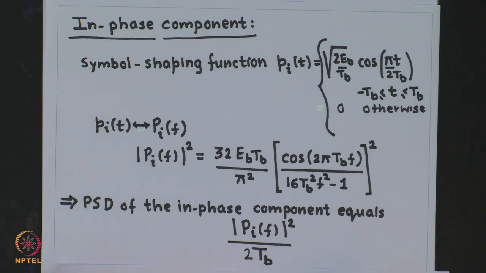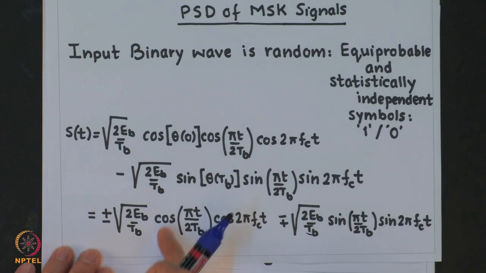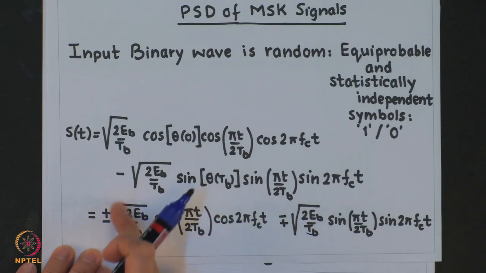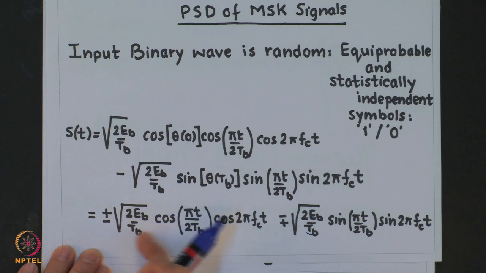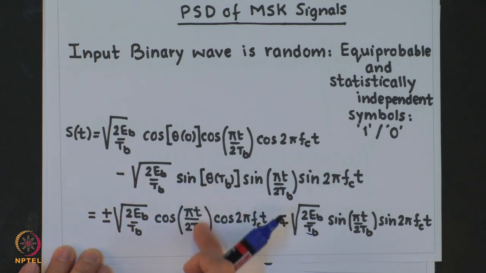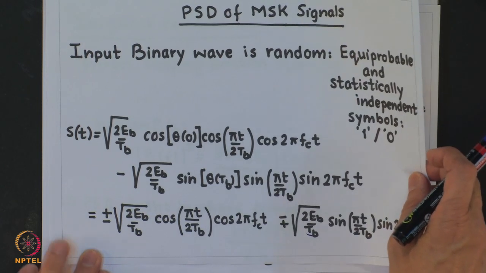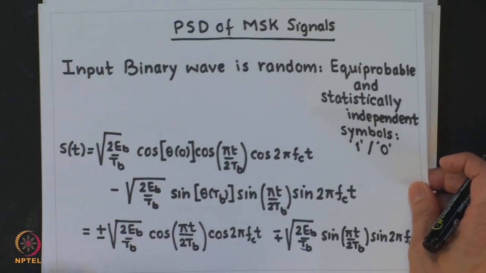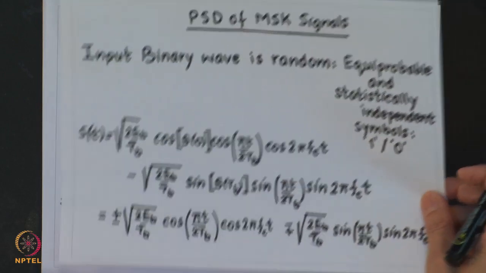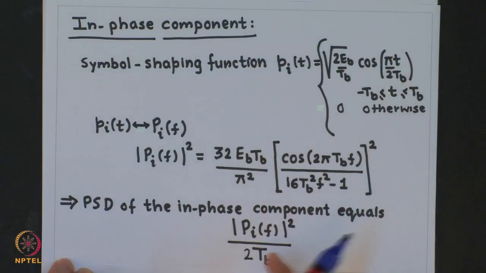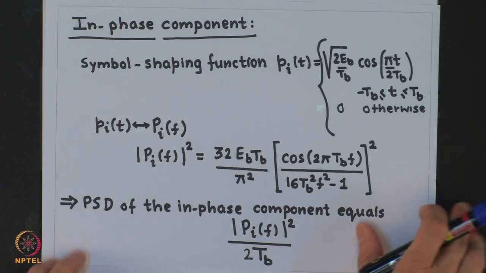Remember, these are nothing but polar wave. We can consider this as a polar baseband wave, and we have seen basically how to evaluate the power spectral density for such polar wave. So, we get the power spectral density of the in-phase component.